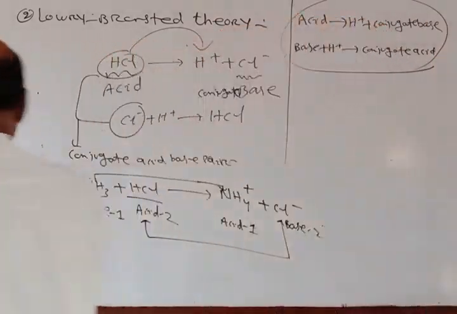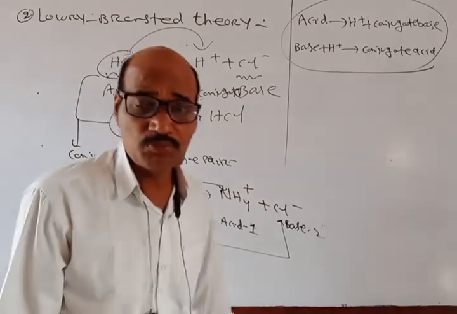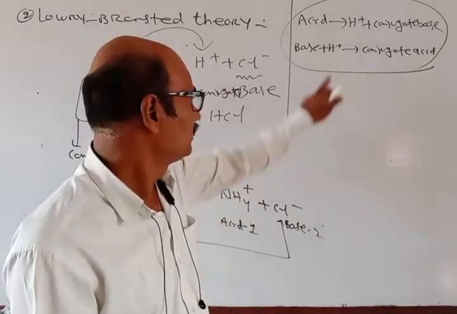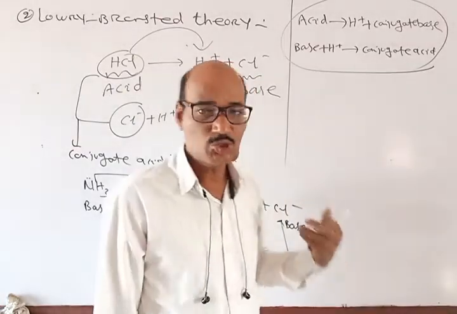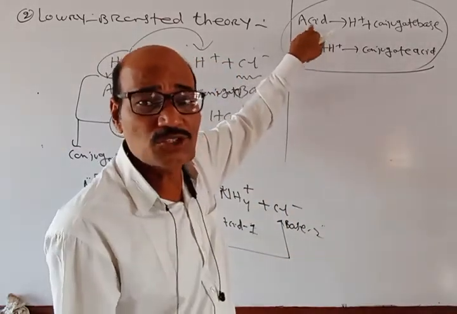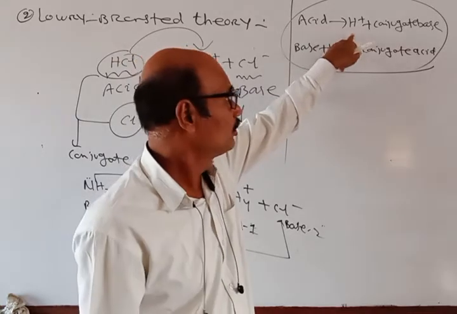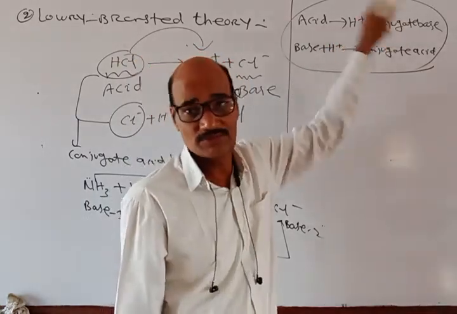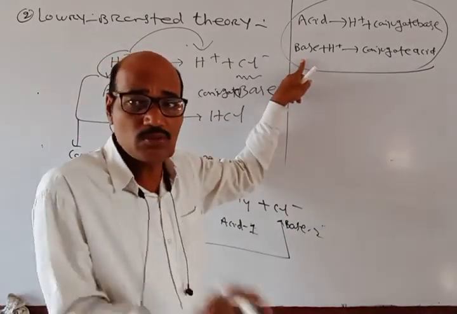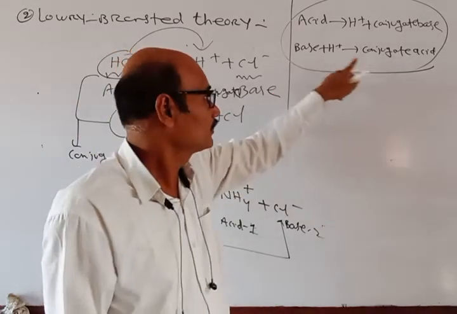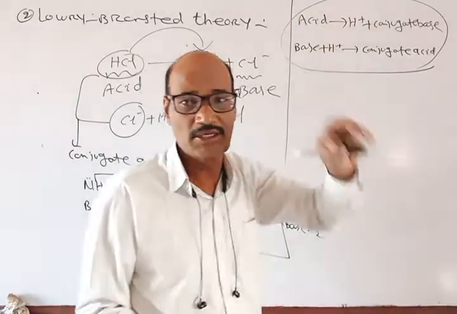So we can say acids are the proton donors, bases are the proton acceptors. Whenever we have an acid and remove an H plus ion, we get the conjugate base. Whenever we have a base and add a proton, we get the conjugate acid.